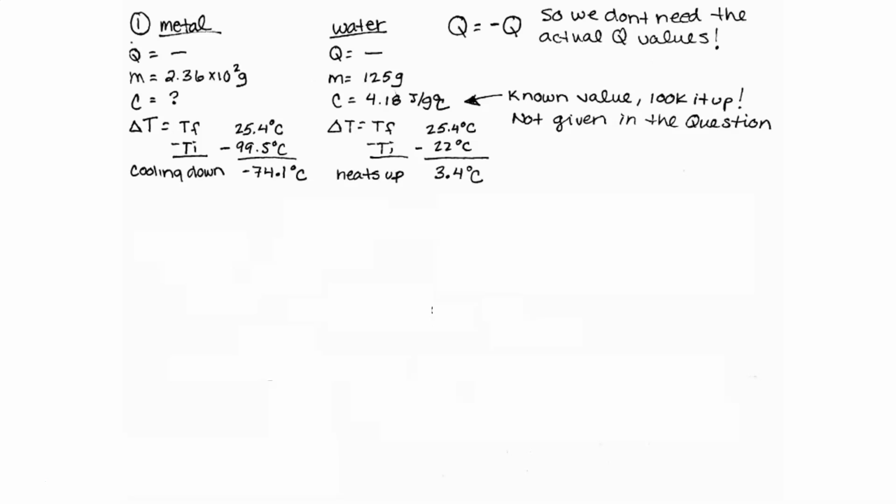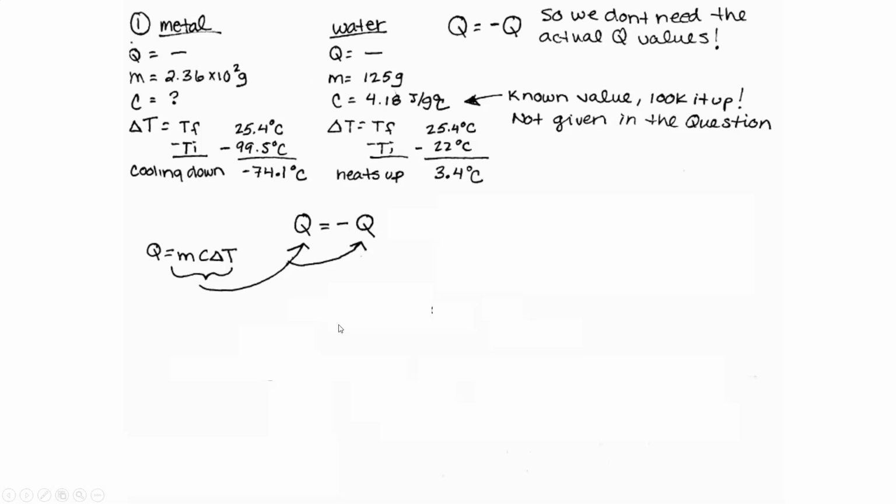Okay. So now we know that the energy of one of the objects is the opposite of the other. We also know that Q equals mcΔT. But I don't have these Q values. I have no device that measures this, okay? So I'm going to substitute. I'm going to take the mcΔT portion and plug it into my Q's.